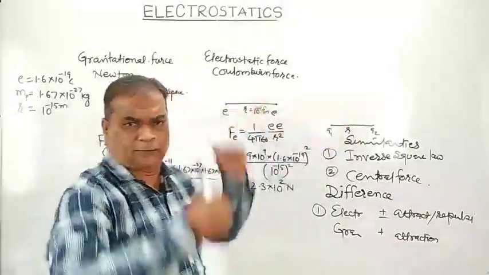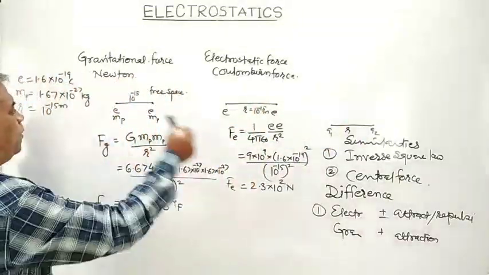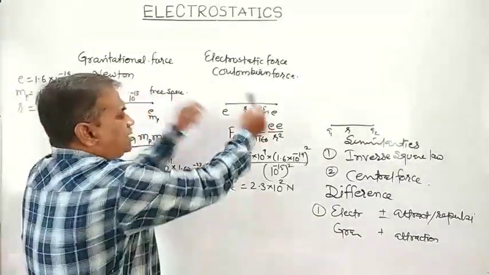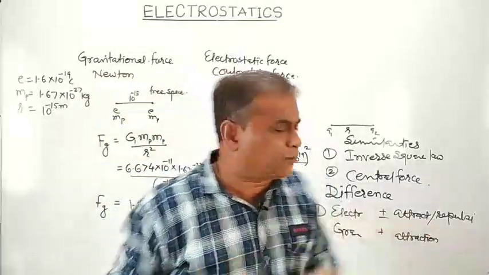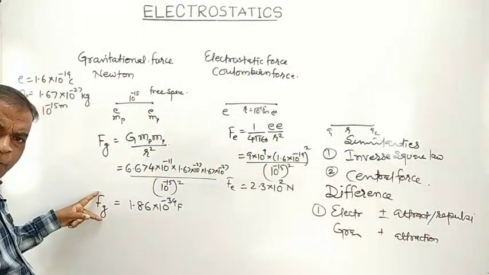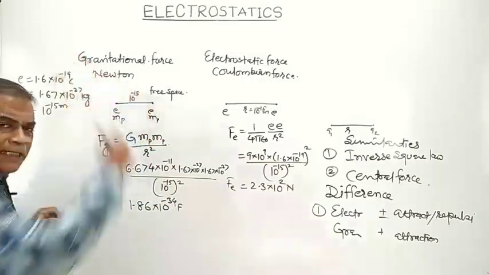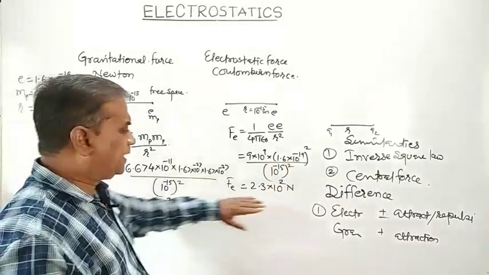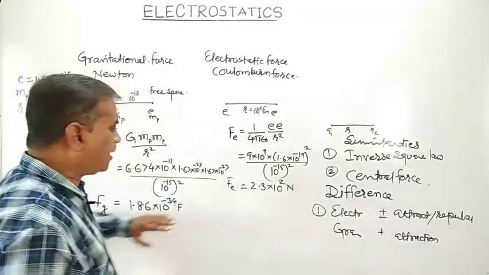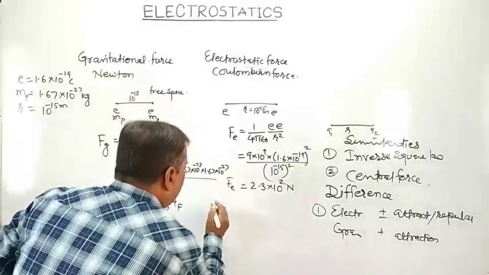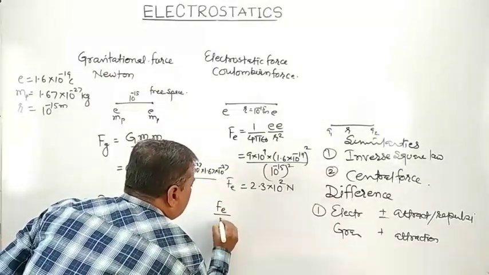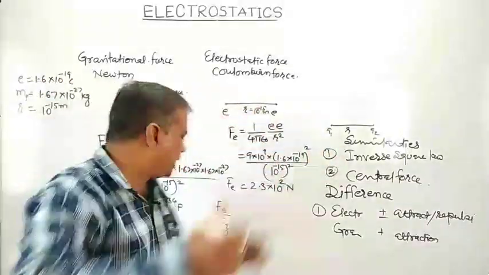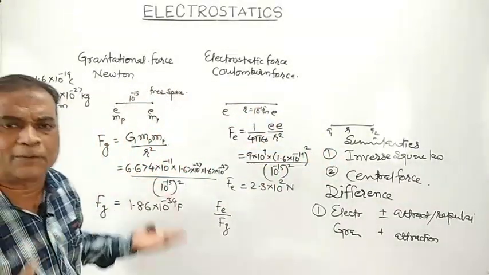So we have the two situations. We calculated the gravitational force between two protons and the electrostatic force between two protons. And what did we find? Fg, the gravitational force between the two protons separated by a distance of 10 to the power minus 15 meter is this much, and the electrostatic force is this much. If I compare these two forces, Fe upon Fg, which one is greater? Electrostatic force is much greater as compared to the gravitational force.